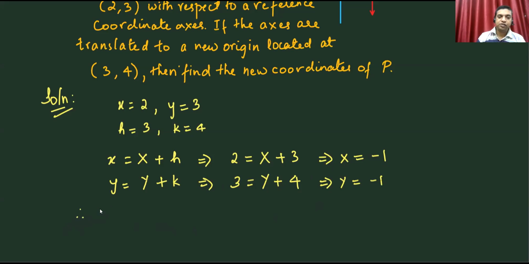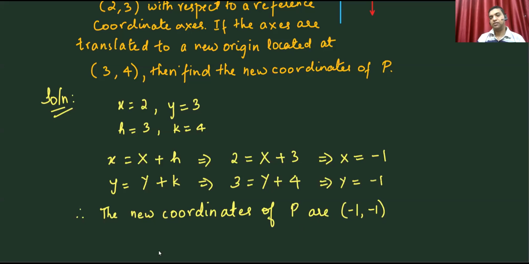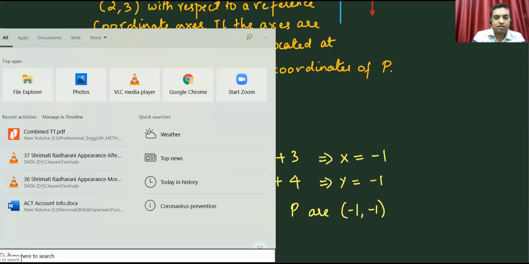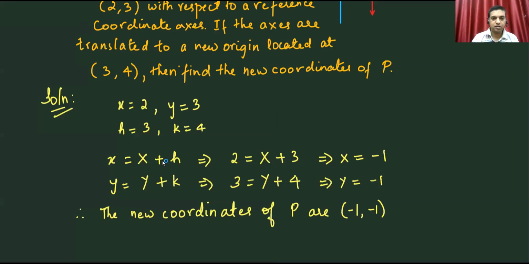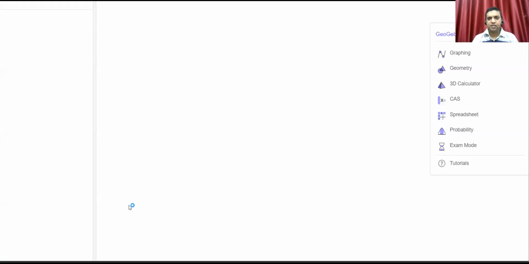Therefore, the new coordinates of P are minus 1 comma minus 1. Got it?